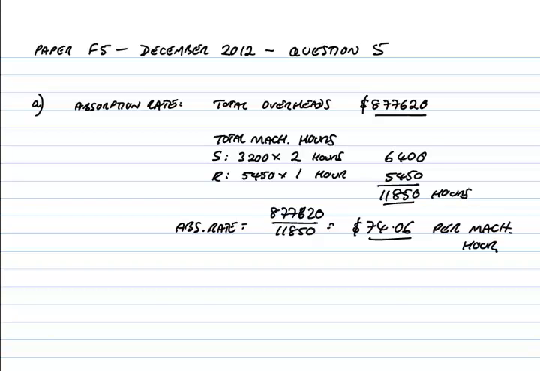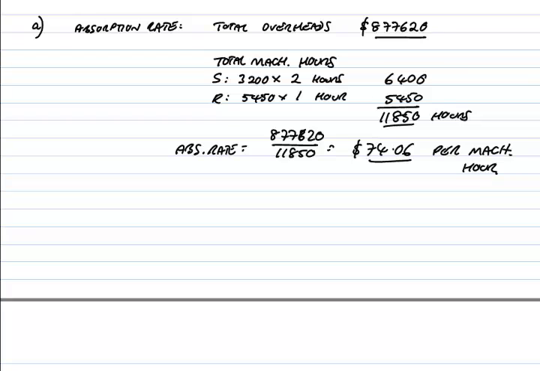Having got the absorption rate, now we can do cost cards for each. So S and R, where are we? The costs, there's materials, 117 for S, 95 for R. Labour, $6 and $9. And the overheads, they're based on machine hours, so product S is 2 hours at 74.06. 2 times 74.06, 148.12.